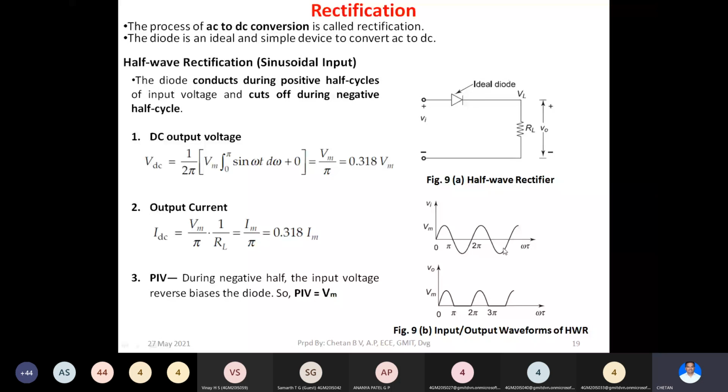Now what we shall do is find out the output voltage, or VDC, the DC value of the output voltage across this RL.